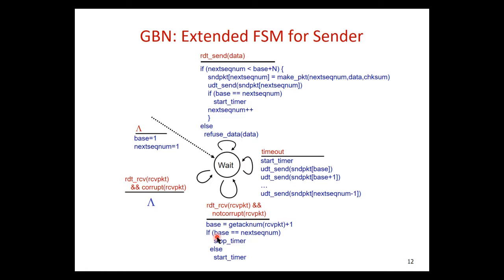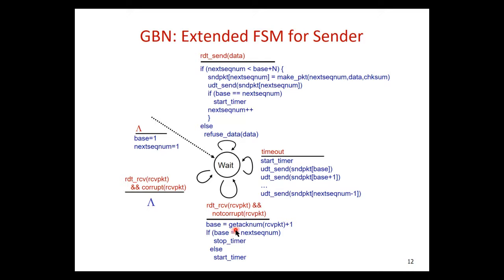Okay, and then it needs to check whether the packet that has just been acknowledged was the oldest unacknowledged packet. To check that, you check that the base is equal to the next sequence number. Okay, so let's say the base is 2, and the next sequence number is also 2. That means that now there is no more yellow packet.